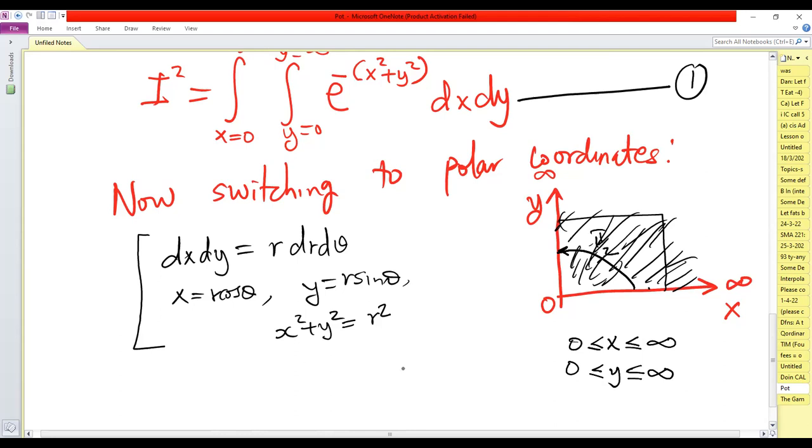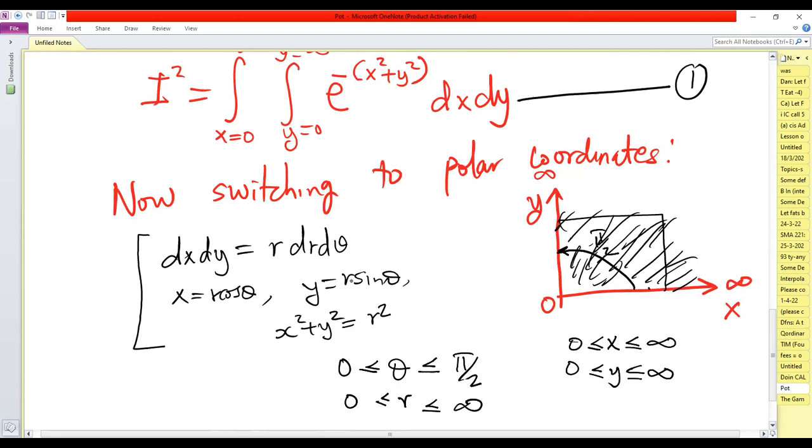So theta will be running from 0 to pi over 2. But r, the radius, can take any value from 0 to infinity. So the new limits of integration will be theta running from 0 to pi over 2, or 90 degrees, and r running from 0 to infinity.